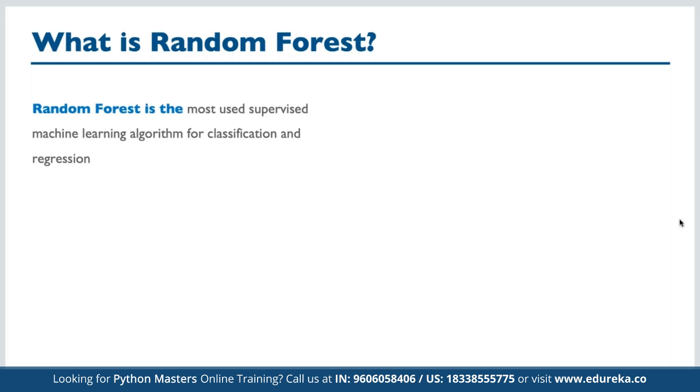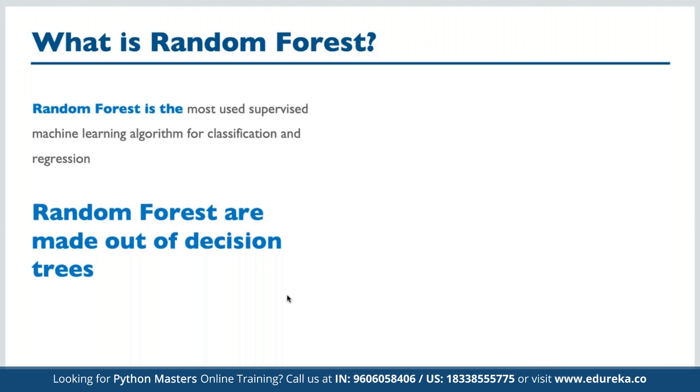Based on experience, I can tell you that random forest is one of the most widely used supervised machine learning algorithms. And as I said, this is used both for classification and regression. Random forests are built on the concept of decision trees, and that's where I was saying that it's good if you know decision trees already.